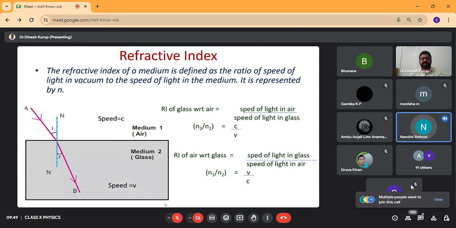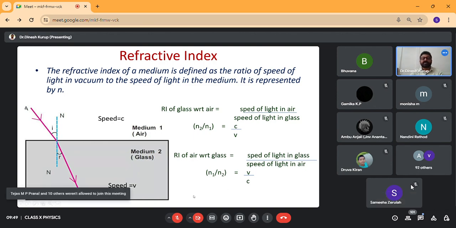Sir, the refractive index of glass will be 0 unit? No, sir. It will not be 0. How will it be 0? Because the speed of light in air is not 0, and the speed of light in glass is also not 0, then how will the refractive index of glass with respect to air be 0? It will not be 0. Okay, we move on to the next one.